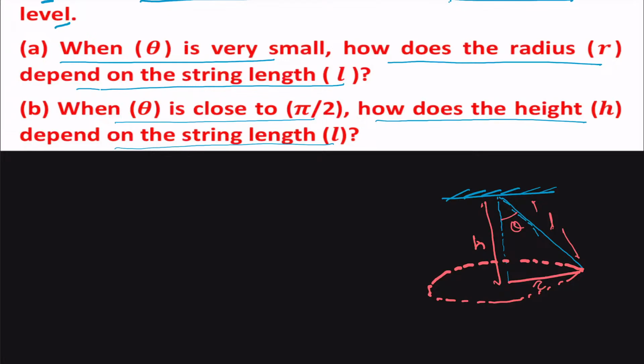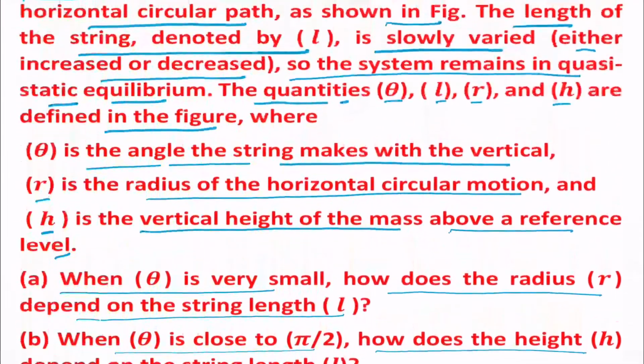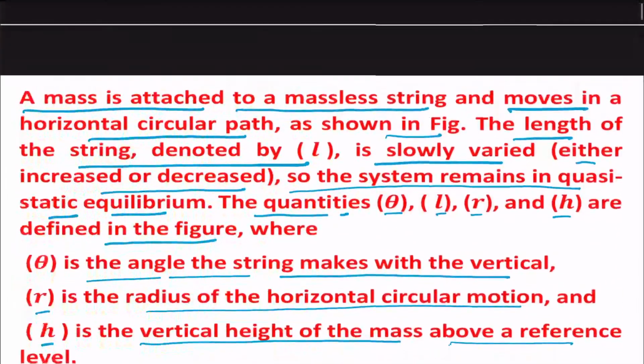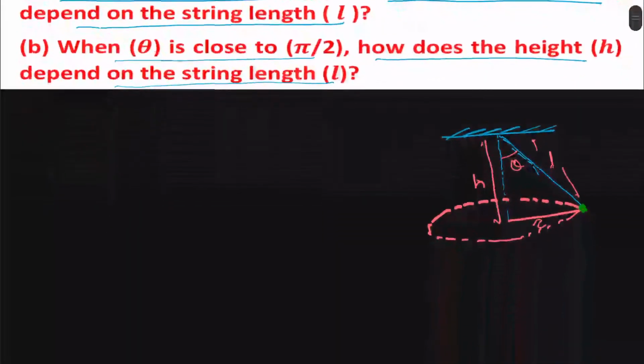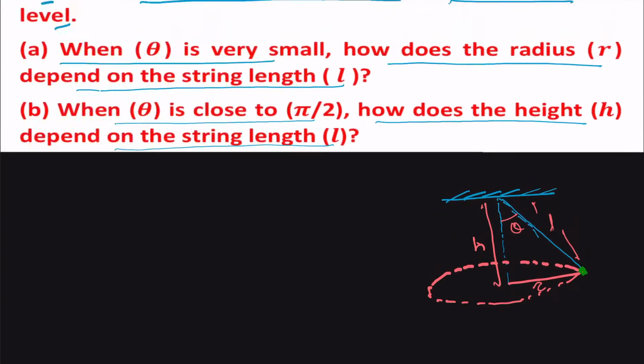So these are the things given to us, and this is a small bob of mass M. So string is massless. In this case, we are supposed to find out 2 things.